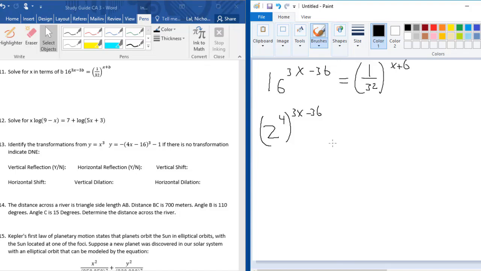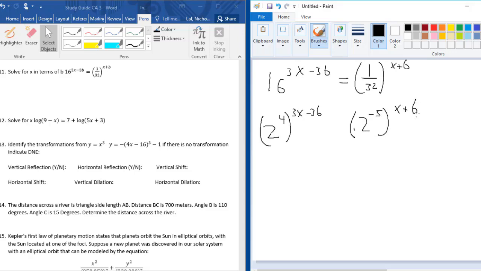1 over 32, remember that could be written as 2 to the fourth power is 16, 2 to the fifth power is 32, 2 to the negative fifth power is 1 over 2 to the fifth power. So this is equal to 2 to the negative fifth power times x plus b.